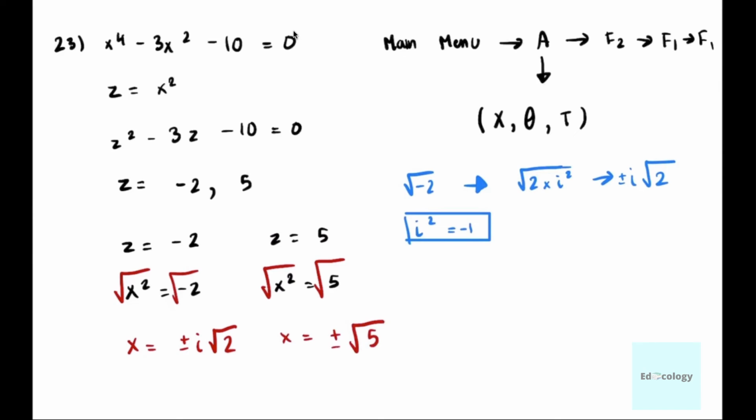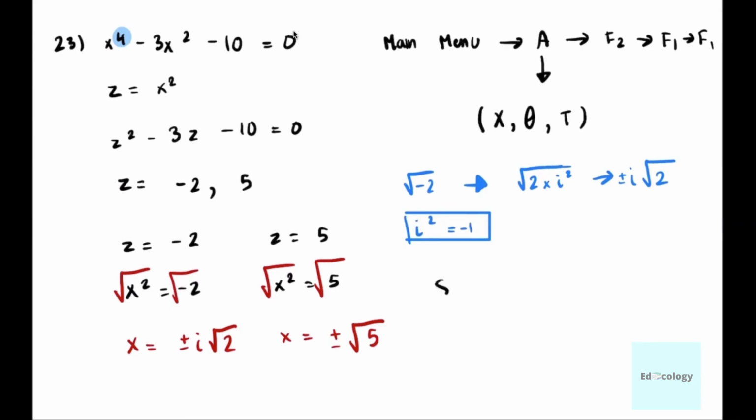And always remember that the number of solutions that you get is always the same number as the highest degree. The highest degree is always the degree of the polynomial, okay? So in this case, we have to have 4 solutions.